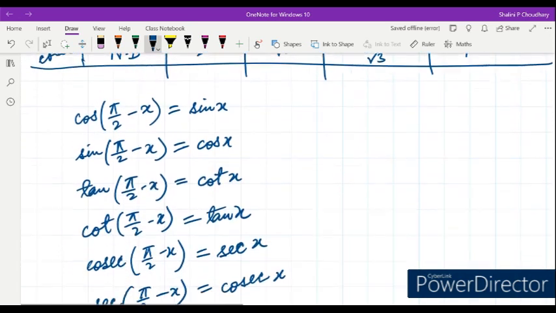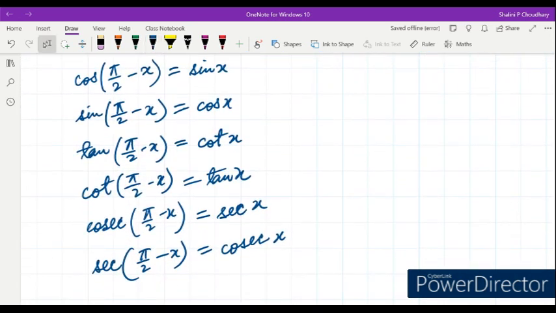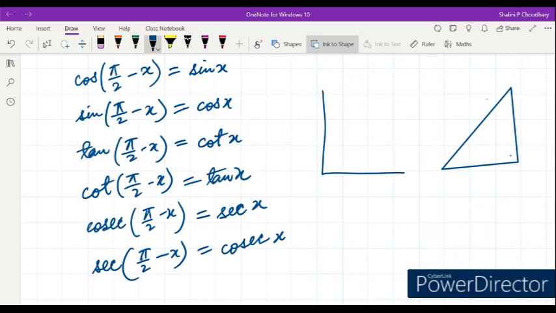So how can we find this out? One simple derivation we can do. If there is a triangle, and we take one small triangle and another, the same triangle turned.